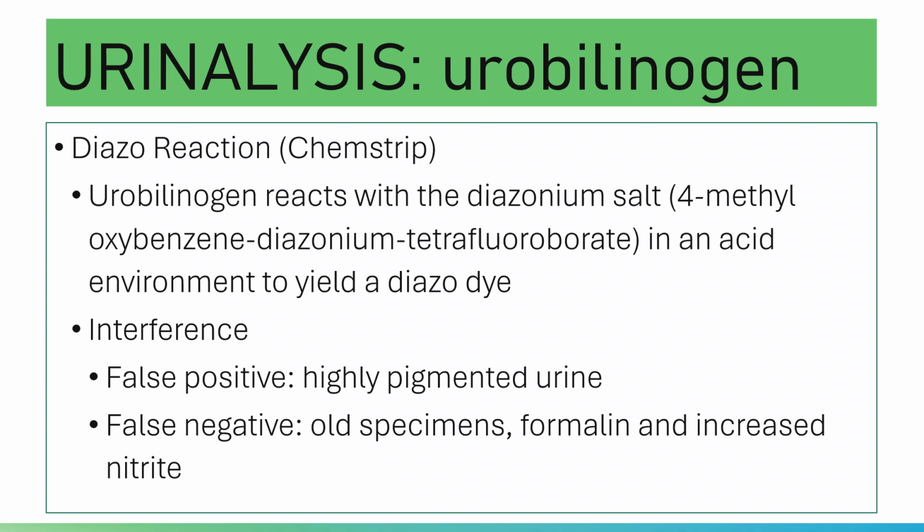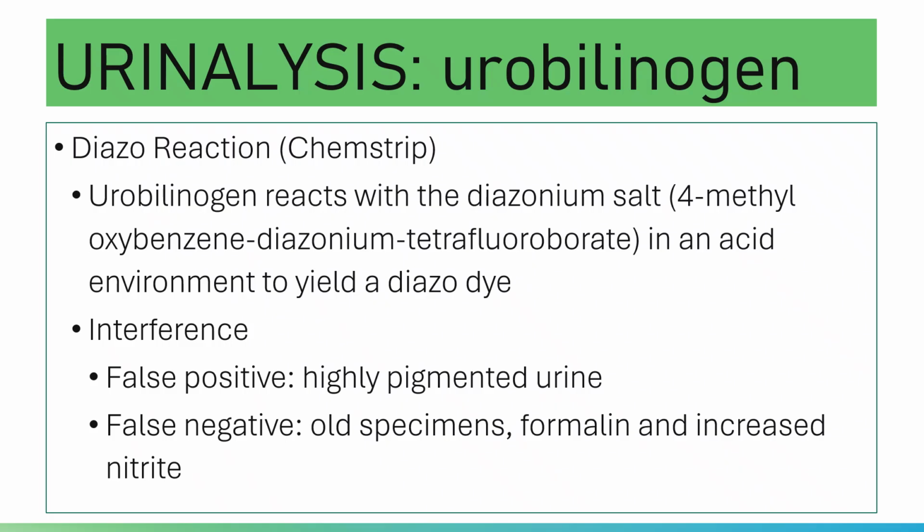Finally, you have your Chemstrip, which employs the diazo reaction as the principle. The reagent embedded is diazonium salt, or 4-methoxybenzene diazonium tetrafluoroborate. Urobilinogen reacts with the diazonium salt in an acid environment to yield a red azo dye.